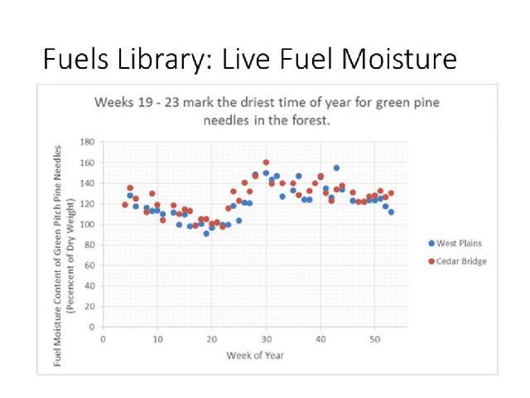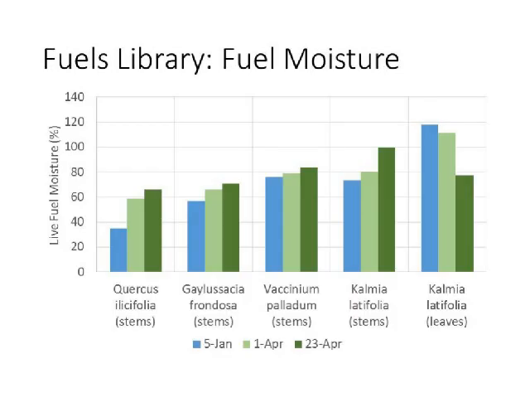So we've started looking at fuel moisture of some shrub species as well, which hasn't really been characterized. This is, again, just some preliminary data. We haven't gotten very far into the year. The blue bars indicate measurements from January 5th, the first green bar indicates a measurement from April 1st, and the third one indicates a measurement from April 23rd. If we look at Quercus ilicifolia here, we can see that in January, the fuel moisture was in the mid-30s, about 35%.